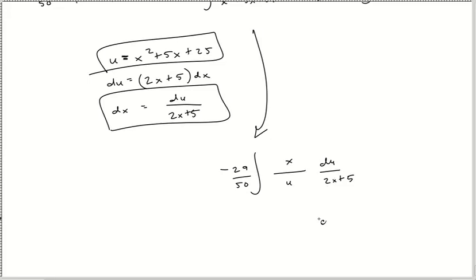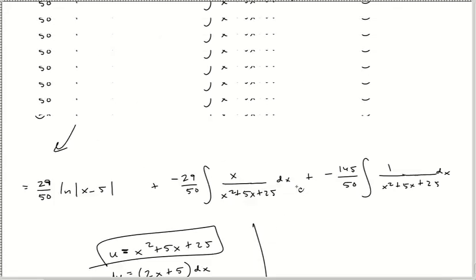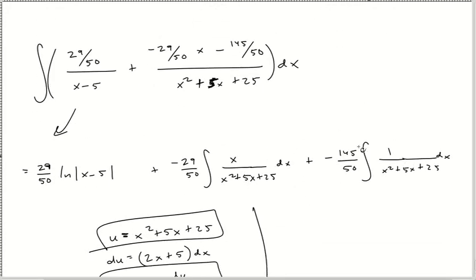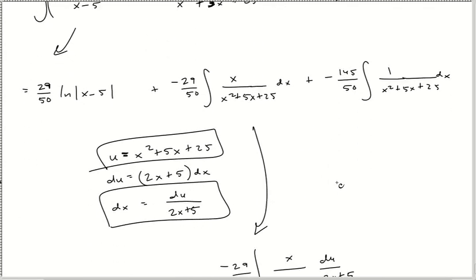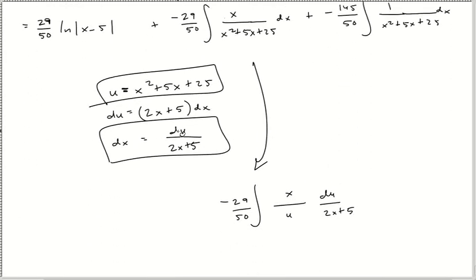So what do I do? Well, I really need this 2x plus 5 up here to make this thing work. And maybe I split these up prematurely. I don't know. So I want to manipulate this guy a lot and see if I can get this answer to work.